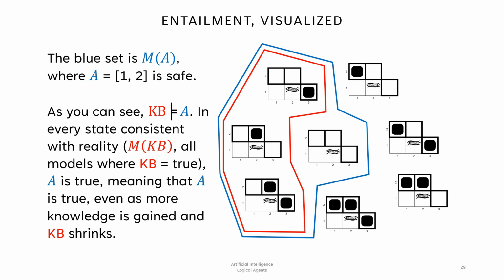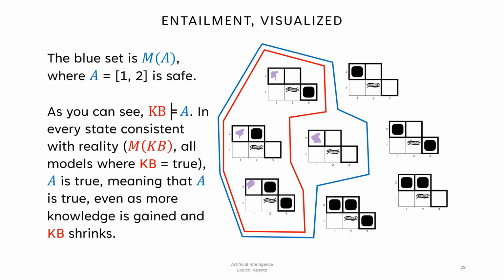Oh, right, here we are. So 1, 2 is the space. So all models where 1, 2 is safe. We see that all of the models of the knowledge base are also models of A. That means A is consistent with every possible reality.